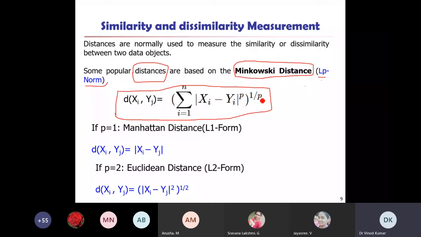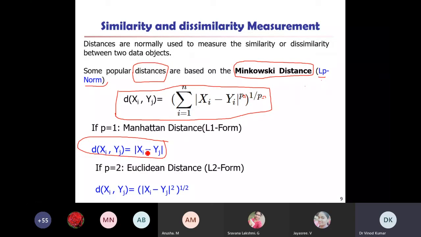If I replace p with 1, if I put 1 here and here also 1, then your formula will be converted into this format. You can see the dissimilarity between x and y, x minus y. 1 by 1 means it will be 1, and here p is 1.